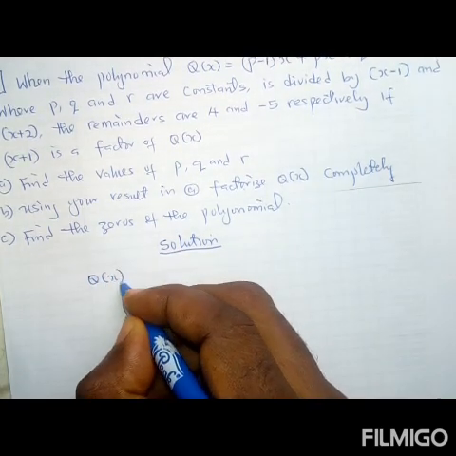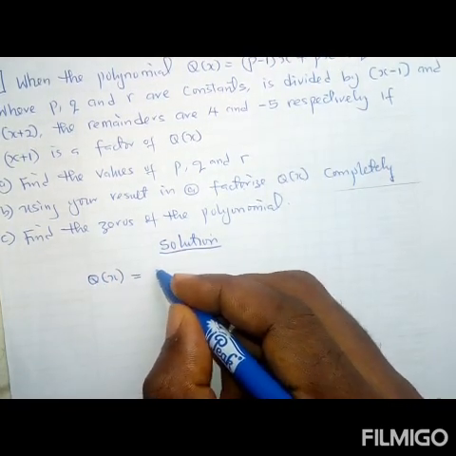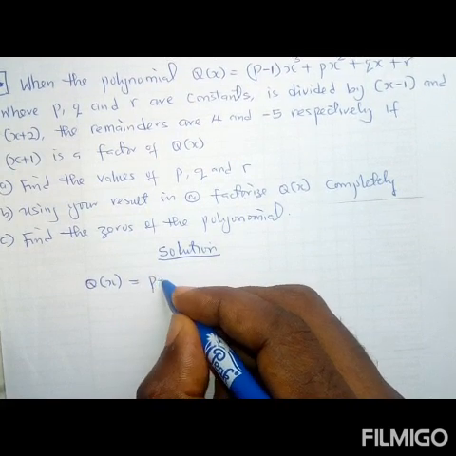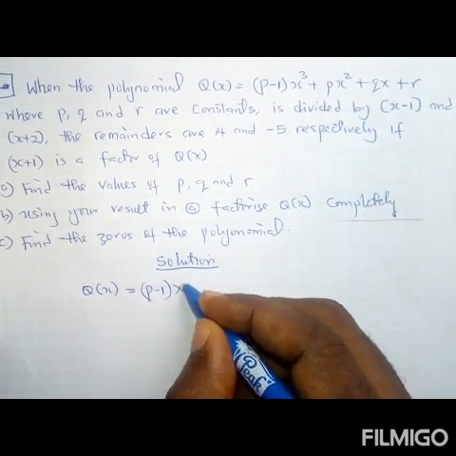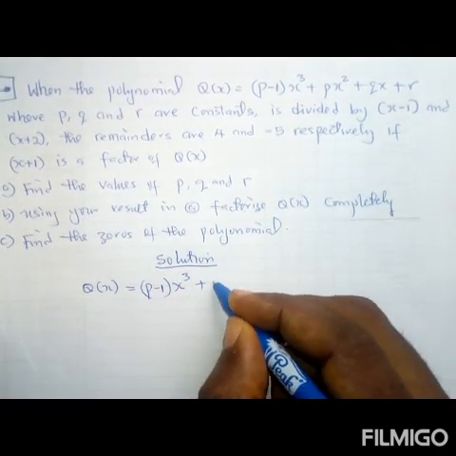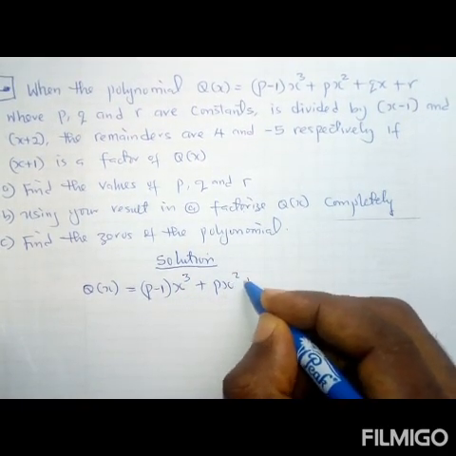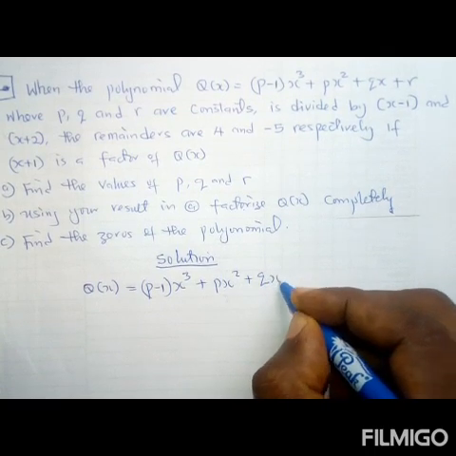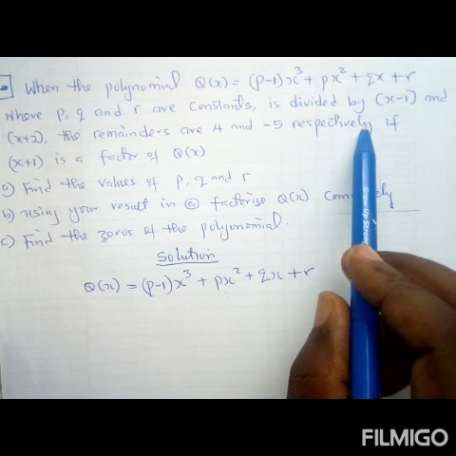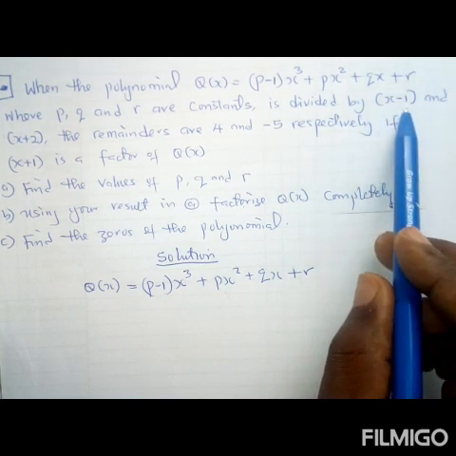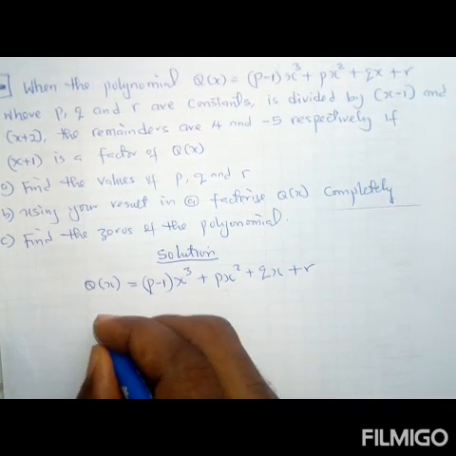Q of x is (p minus 1) times x cubed plus px squared plus qx plus r. Now it is being divided by, the first one is x minus 1.